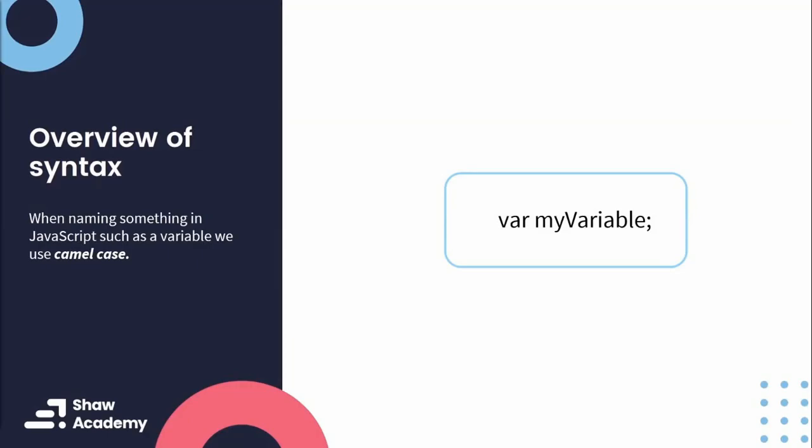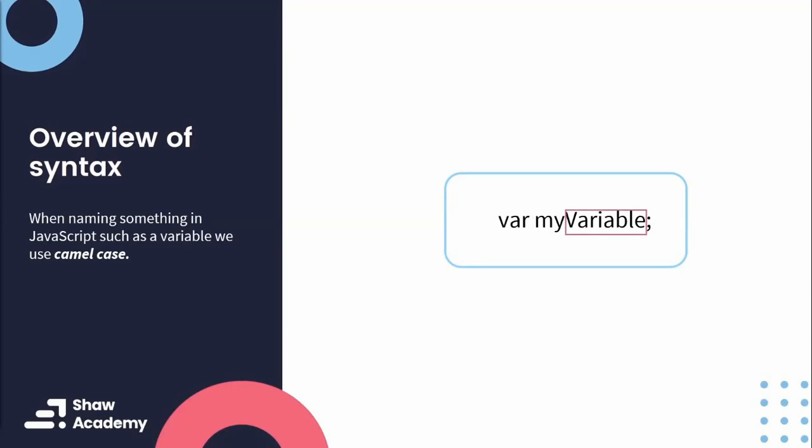But essentially we are creating a variable called myVariable. We do this by stating the word var, followed by our camel case, where the first word would be my, with the first letter in lowercase, and then the second word, variable, with the first letter in uppercase, okay? This is why we call it camel case, because it starts so small and then it sort of grows big, okay?